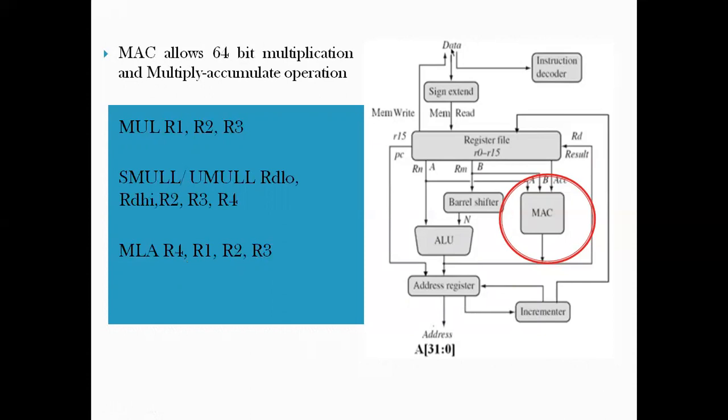So for that again, a suffix of L has to be added here and again it is going to be the signed or unsigned. Those are further enhancements of this instruction, but basically this is also responsible for arithmetic operation of multiplication, and in addition it has the facility of accumulating or adding. Accumulation stands only for addition.